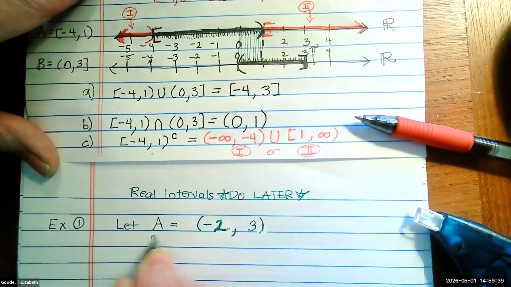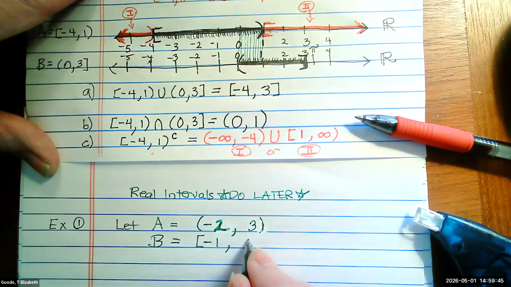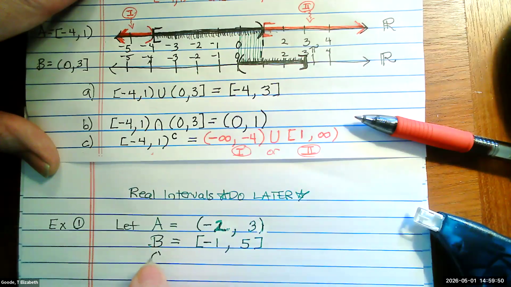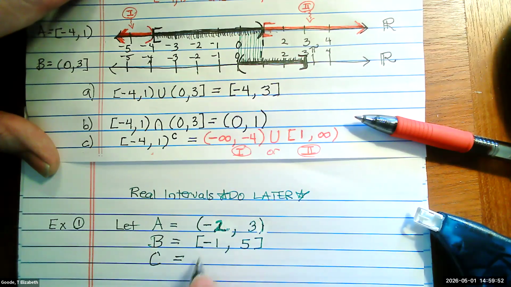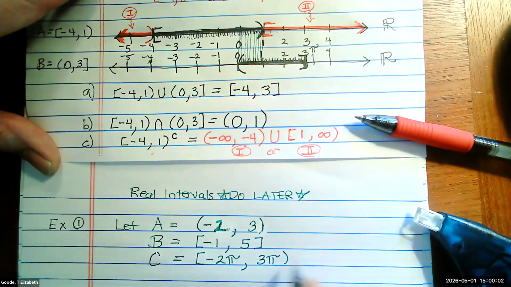I'll do several. B is going to be the set square bracket -1, 5 square bracket. C is going to be square bracket -2 pi, comma, 3 pi, soft bracket.